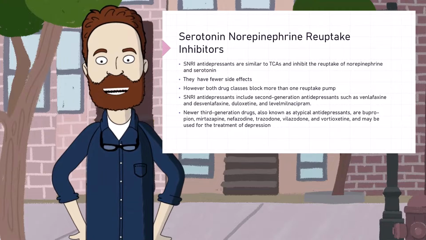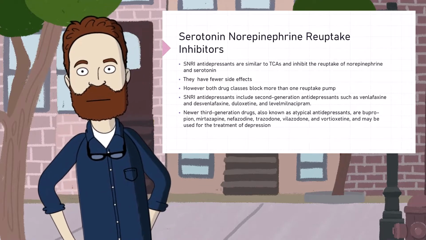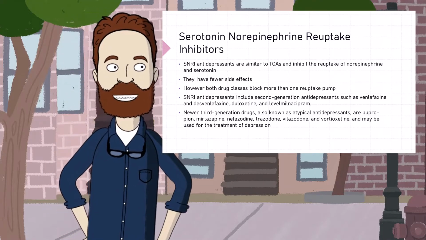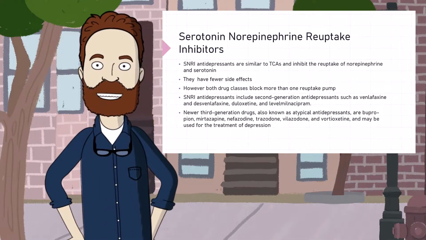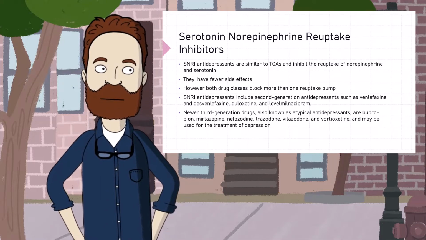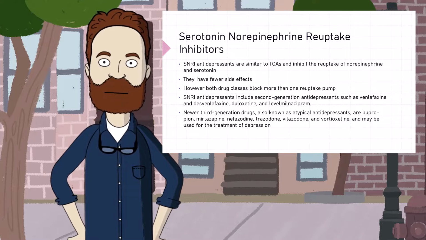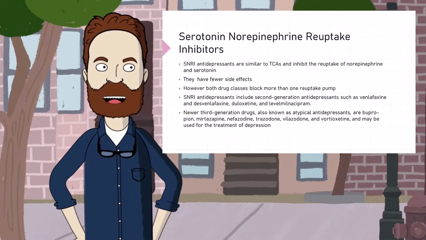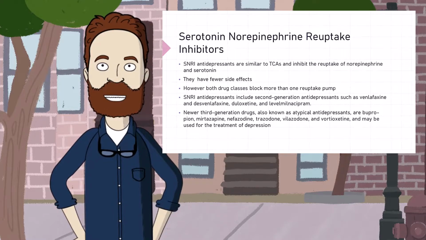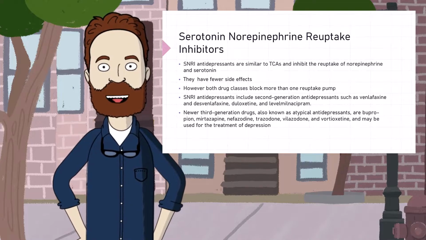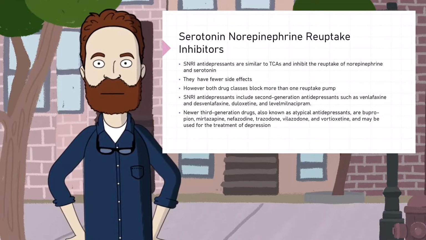Serotonin-norepinephrine reuptake inhibitors, or SNRIs. These antidepressants are similar to TCAs and inhibit the reuptake of norepinephrine and serotonin. Now, the good thing about these is they have fewer side effects. However, both of these drug classes block more than one reuptake pump.